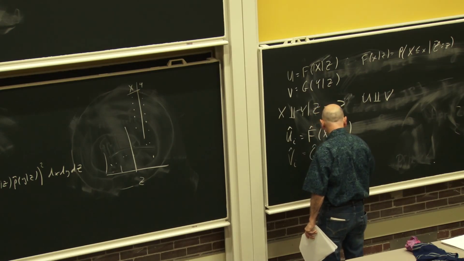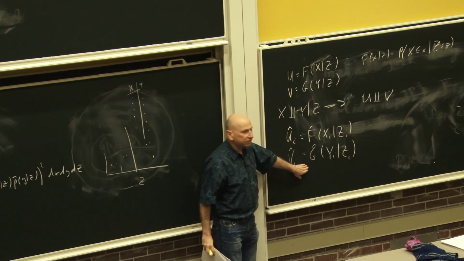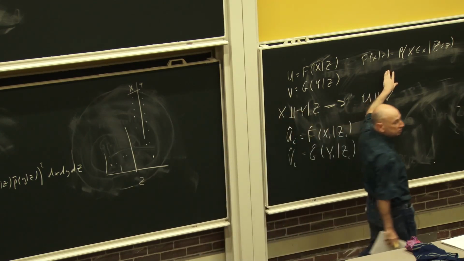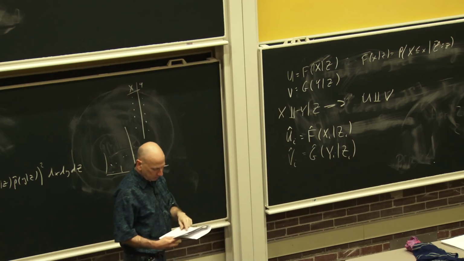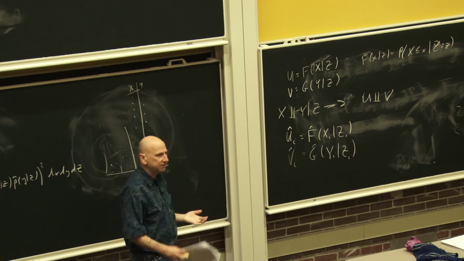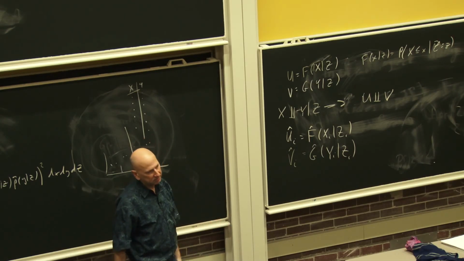So what am I doing here? These are not the usual empirical CDFs because they're conditional, but you can just do a kernel estimate of the CDF just like we do a kernel estimate of a density. In fact, that's what those expressions are in the middle of page 17. You just do a kernel estimate of the CDF just like you do a kernel estimate of the PDF.